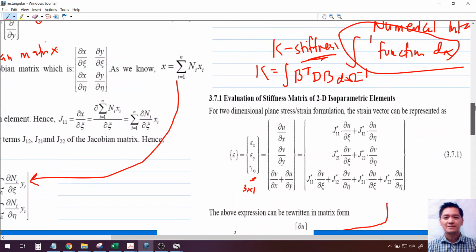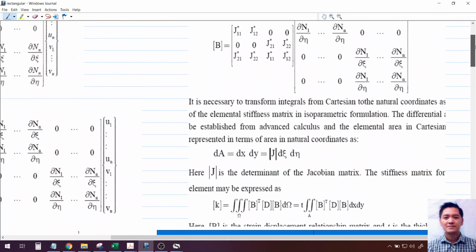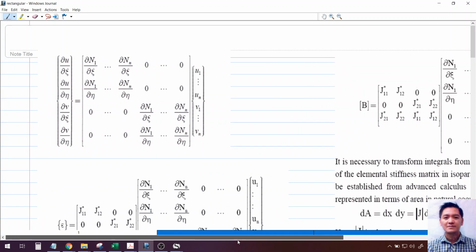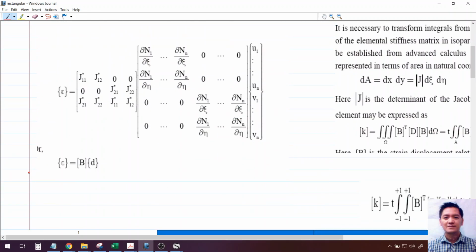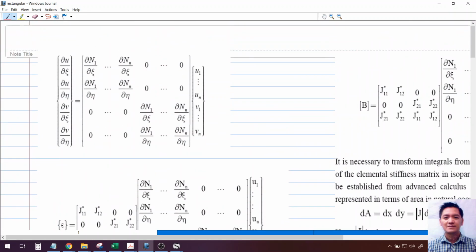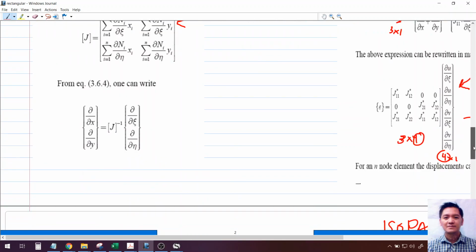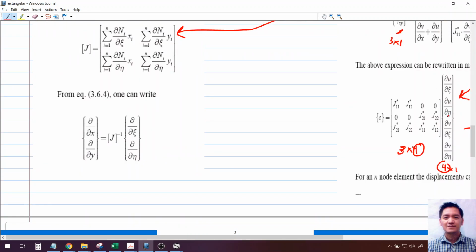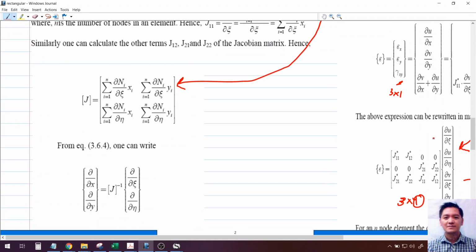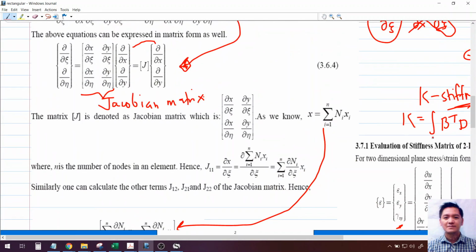Next is here. Remember, in triangular, what did we discuss? Strain is actually BD. Yeah, no? Strain is BD. Okay? The B matrix. Okay, but before that, alam na natin to, strain is, but what is du dc, du d eta, dv dc, dv d eta? Where is that? Here. Okay.